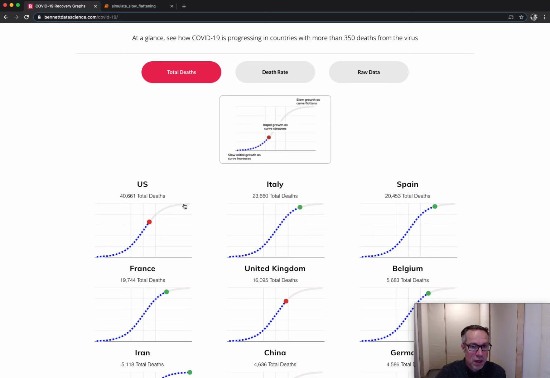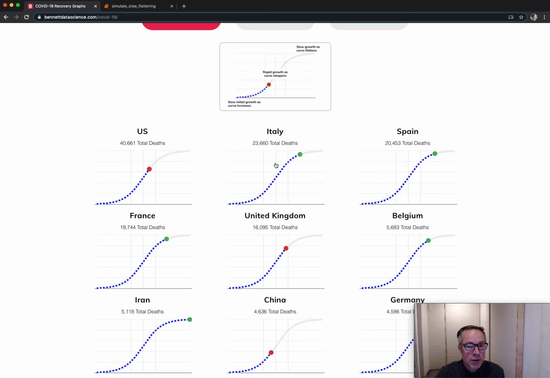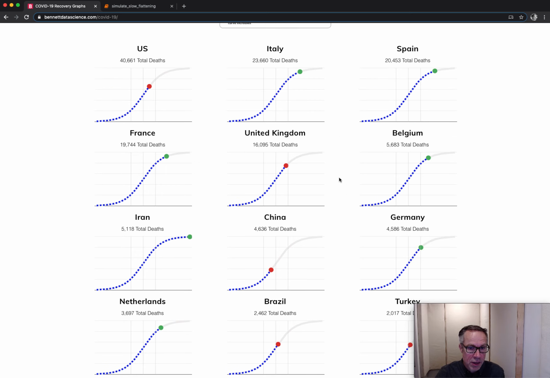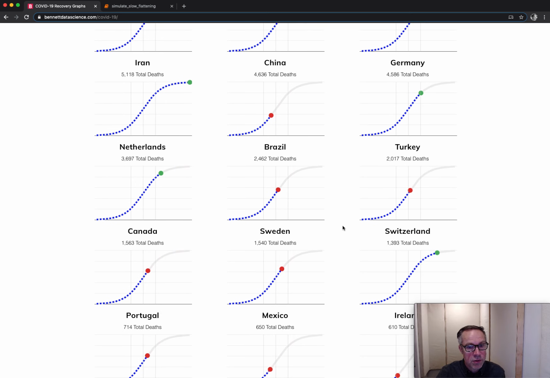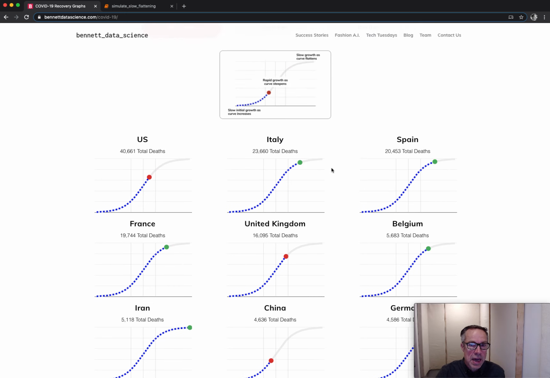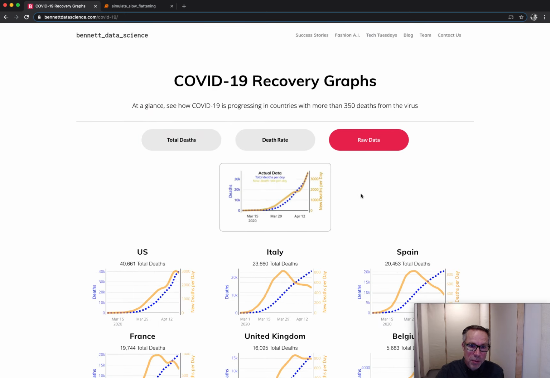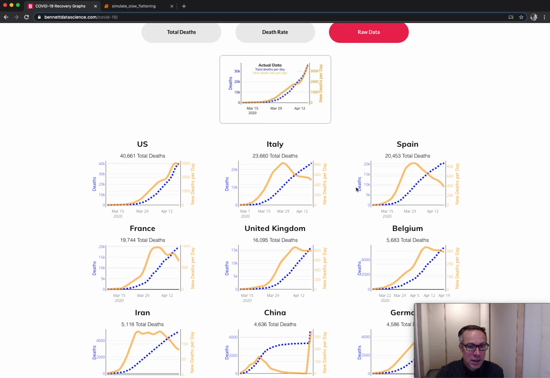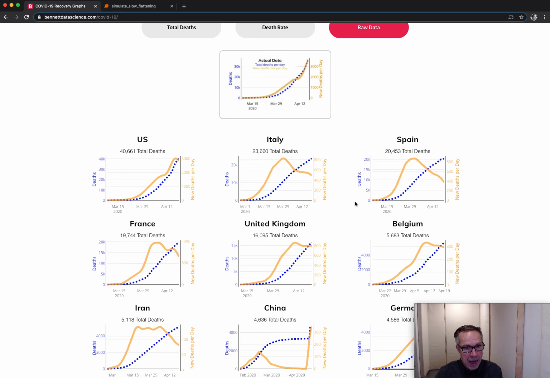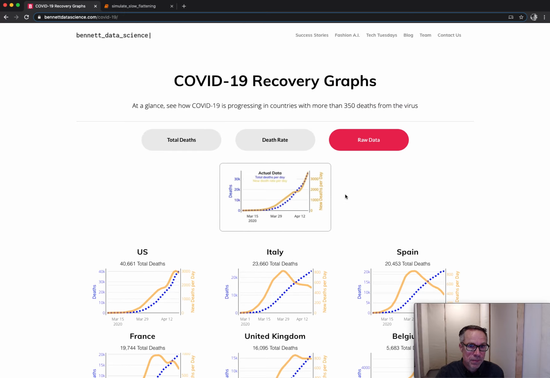We talked about some of the countries that are out of this rapid growth, some of the countries like Sweden that appeared to be out but are now back in this rapid growth phase. And we showed a place to come look at the raw data and start to understand how countries are faring with the deaths related to COVID-19.